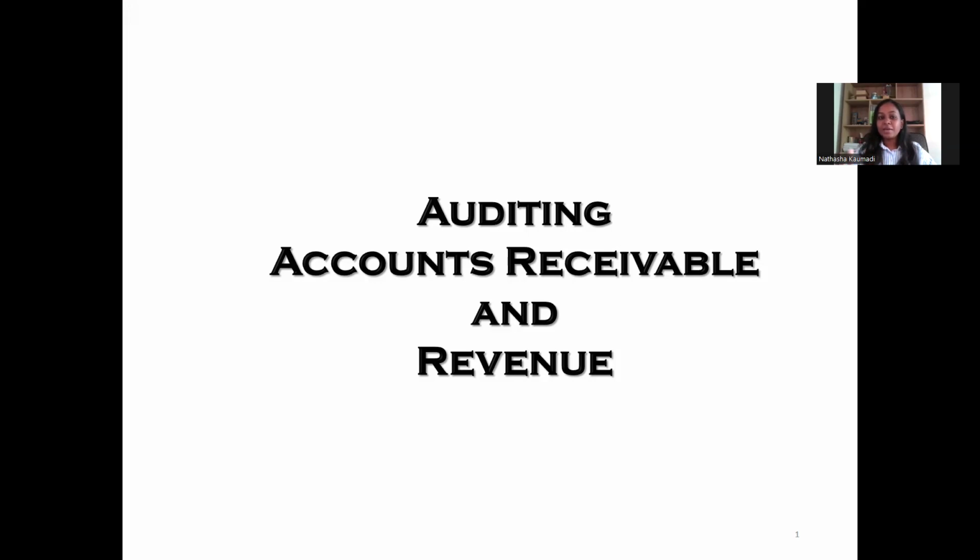But we will be uploading documents including all those audit procedures for your reference, so you can read them and understand the possible audit procedures for different captions separately. There are differences. So we'll do the discussion with revenue and accounts receivable. That's the main focus in this lecture.